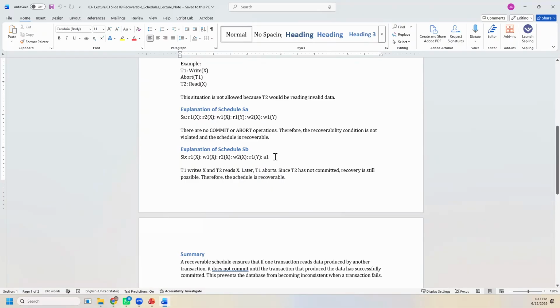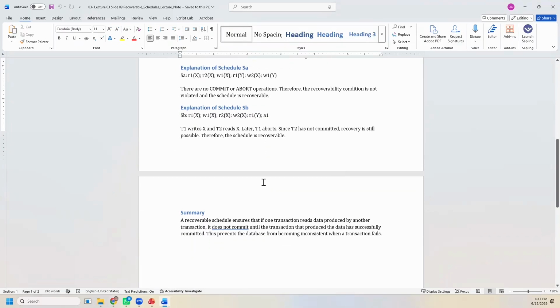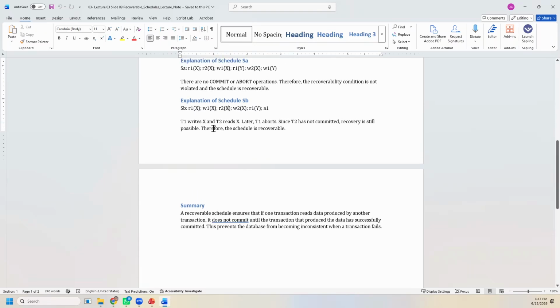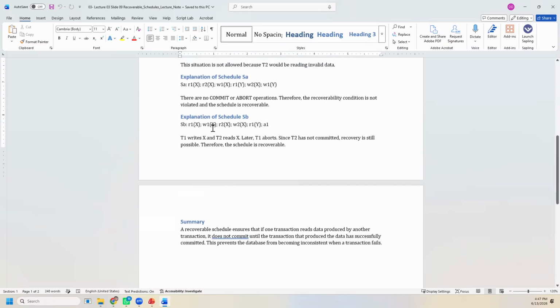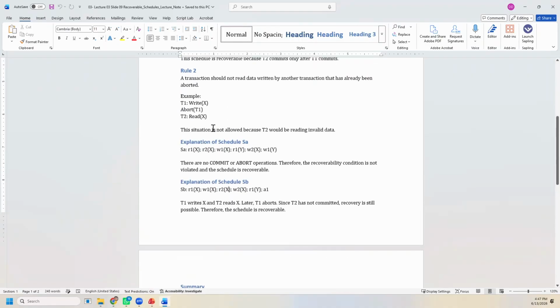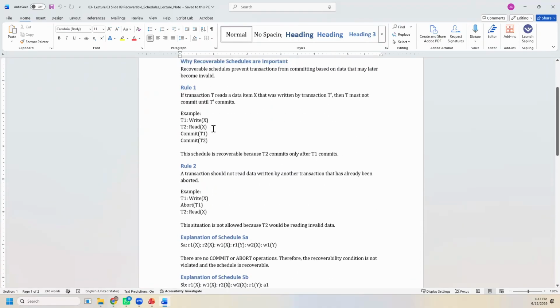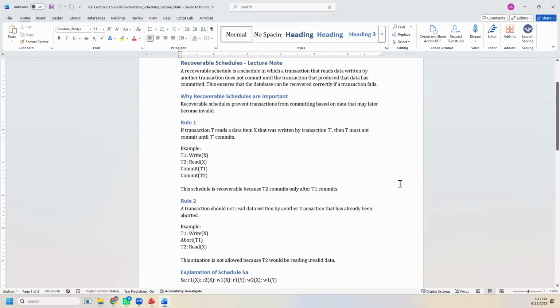Due to not saving this modification, there is no inconsistency. Then that means we can recover the database. I think you can understand what recoverable and not recoverable mean, right?